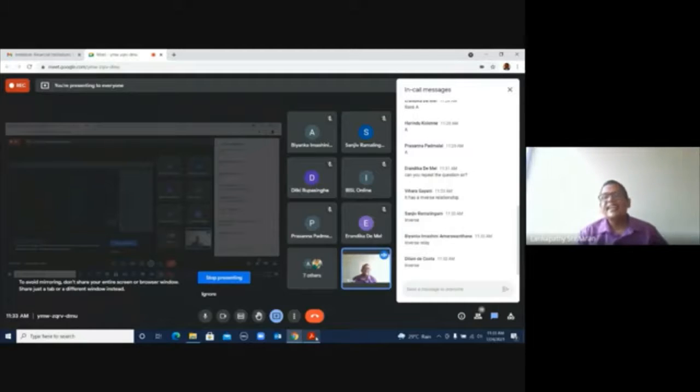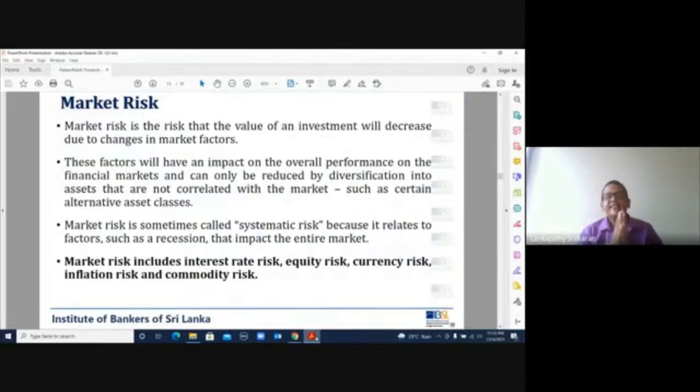Yes, exactly. There's an inverse relationship between the interest rate and the value of the investment. When interest rates are increasing, value will come down. When interest rates are coming down, value will go up. So market risk is the risk that the value of the investment will decrease due to changes in market factors.